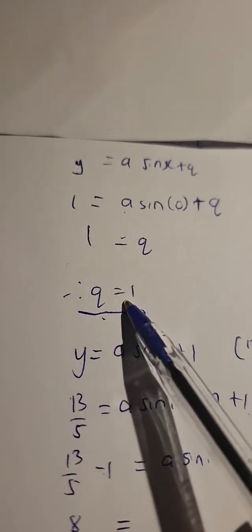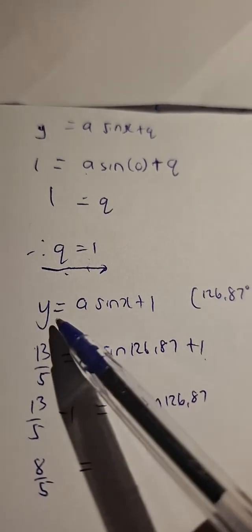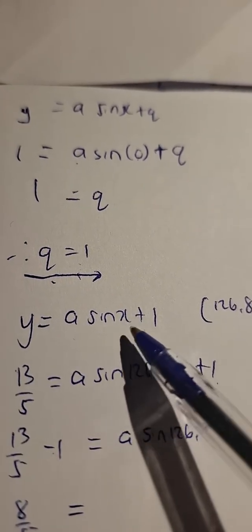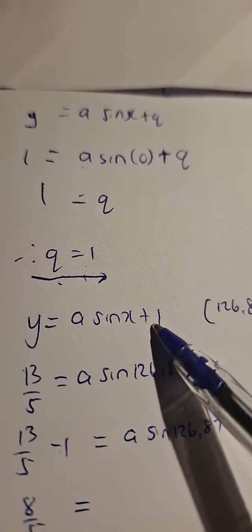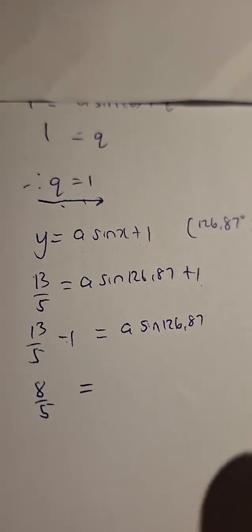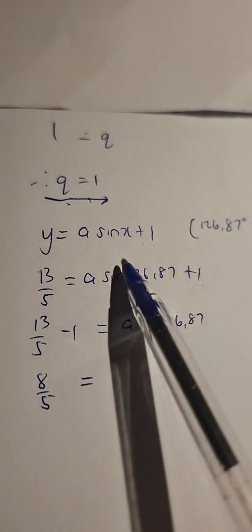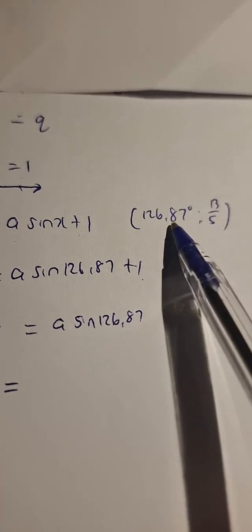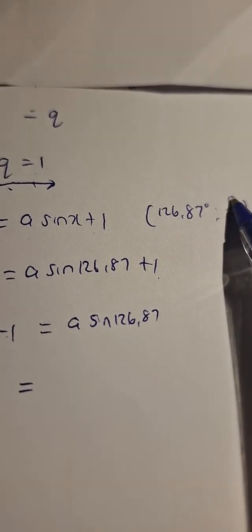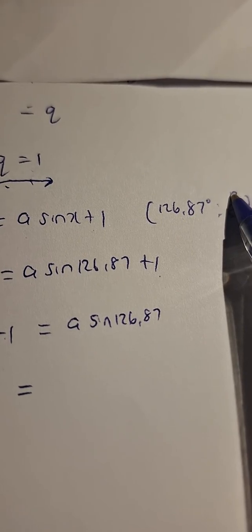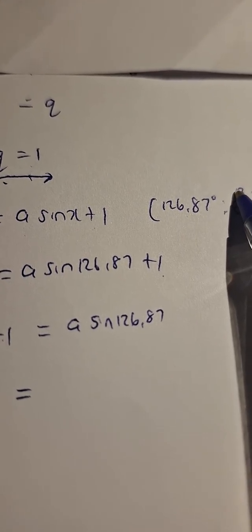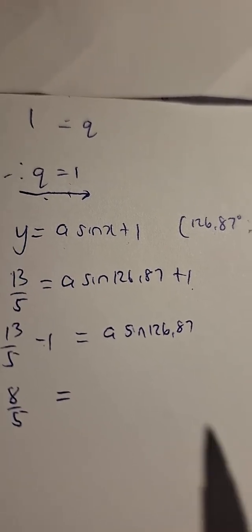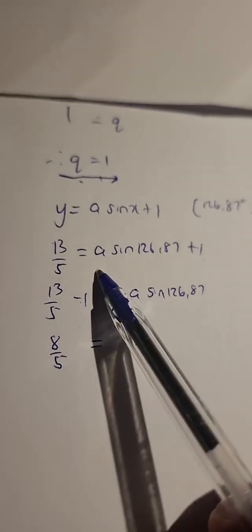Now, having gotten the value of q, this is the function. Remember, I have y is equal to a sine x plus q. I have q, which is 1 now. All I now do is substitute 126,87 and 13/5. Yeah, because I know those points for sure, so I can substitute that.